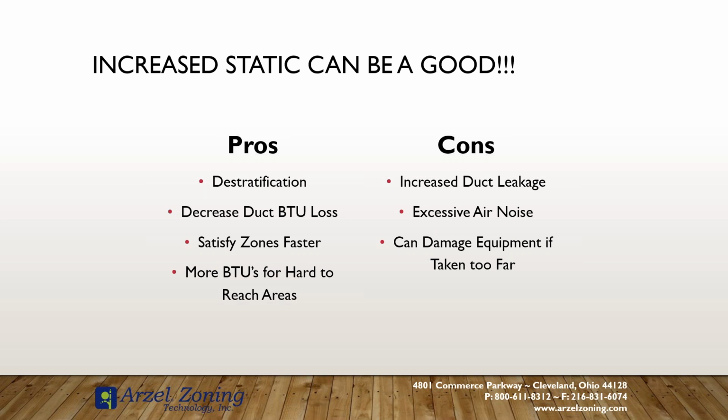So if it's an out of the way place, like that bonus room over the garage. Maybe they decided to add some runs and finish off their basement, but it robbed velocity from upstairs. Places like that are perfect for zoning because we can deliver more BTUs in a targeted way to satisfy those loads.